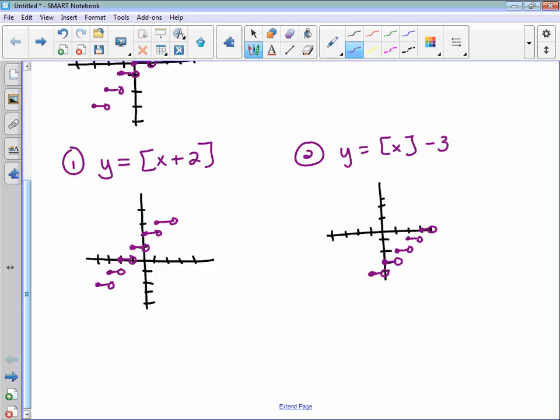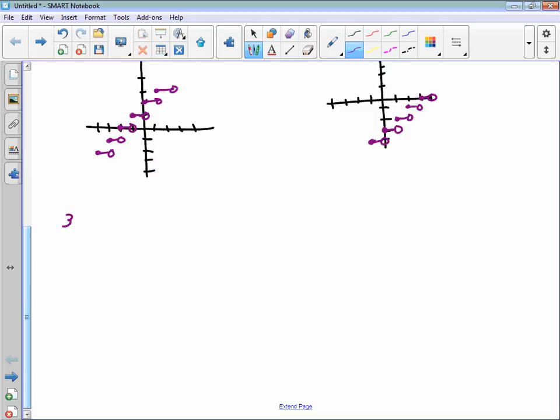The other things we can do are reflecting, and then we can do stretches or compressions. So let's look at some of those. Are we okay with these two? Okay. So I'm going to write some.